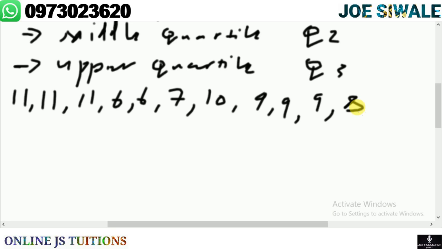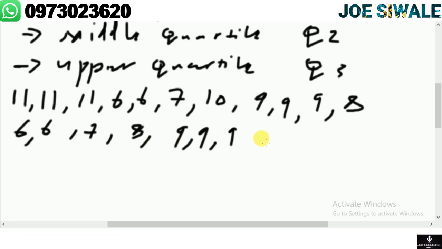So the lowest number there is 6. So we have 6, 6. Then we have 7. Then from 7 we have 8. From 8, we have 9, another 9, and another 9. Then from 9 we have 10.